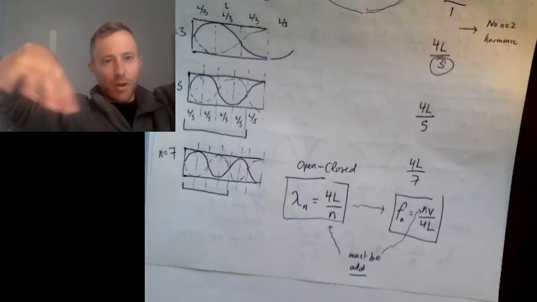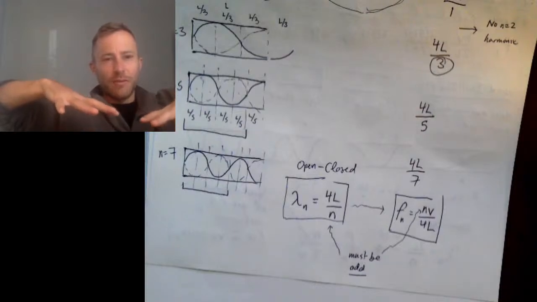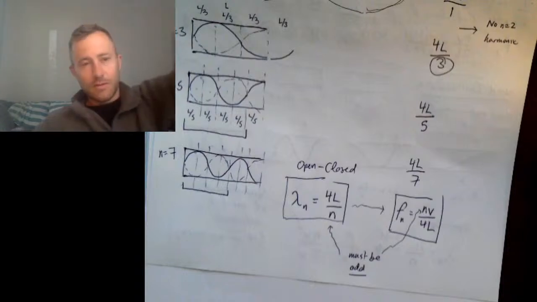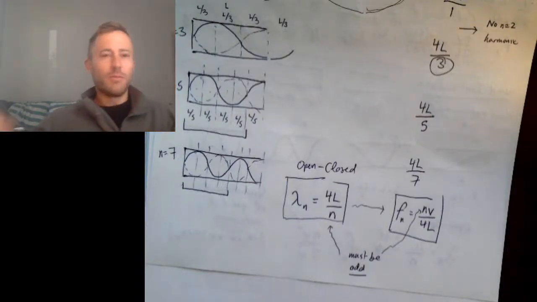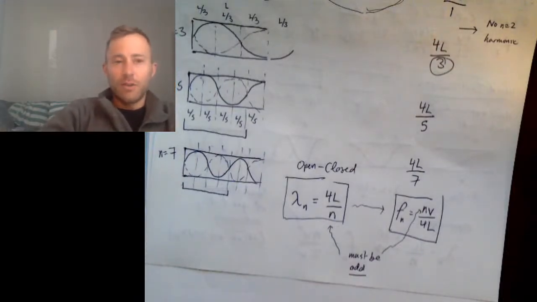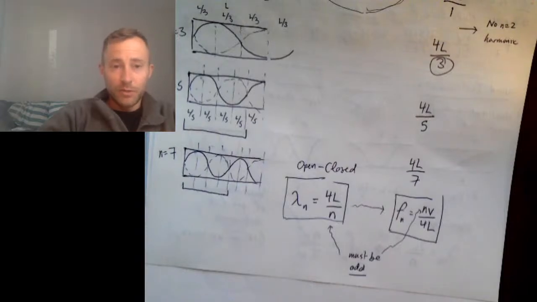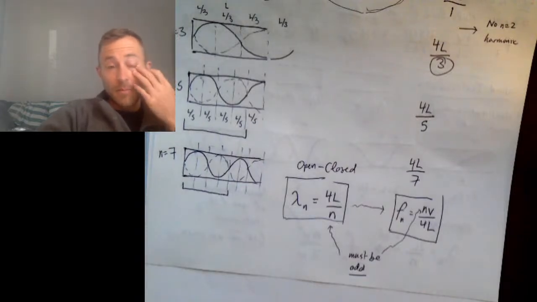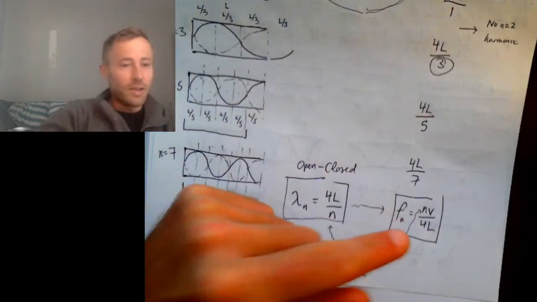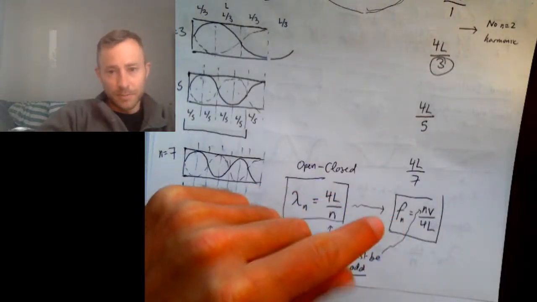You could think about a drum head as having a node along the outer rim of the drum, because the drum is tied down along the outer edge. But because it's two-dimensional, it has a lot more complicated frequencies. In fact, a drum head, because it's two-dimensional, has 2 harmonic numbers.